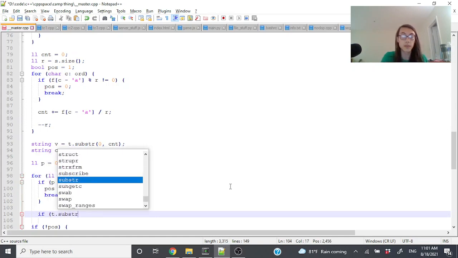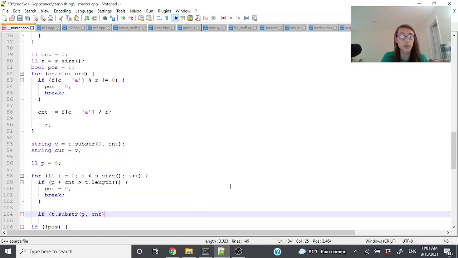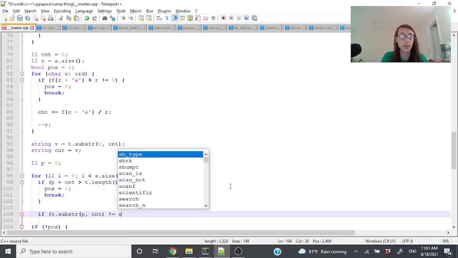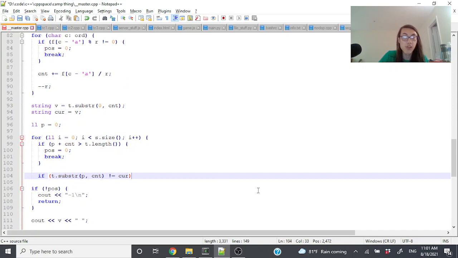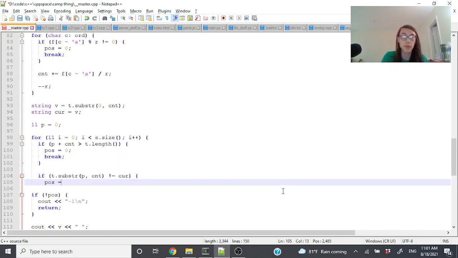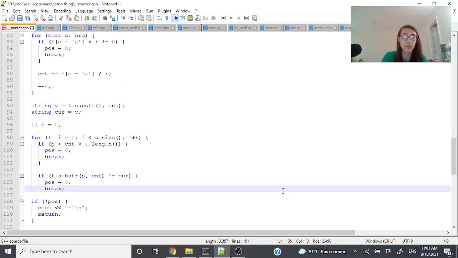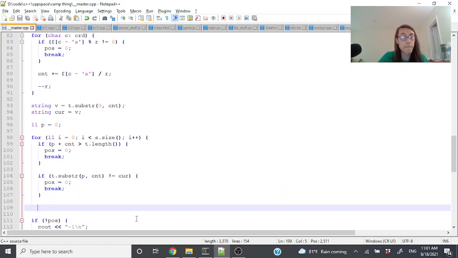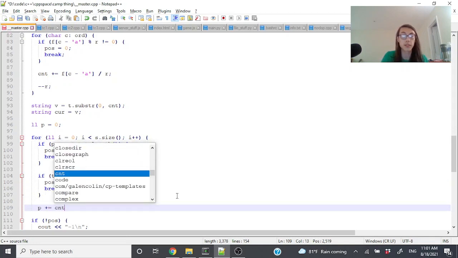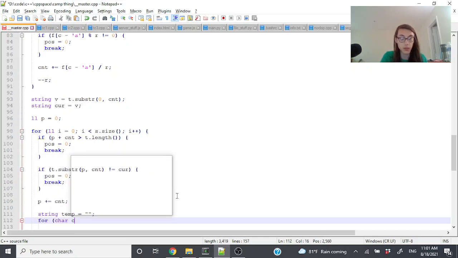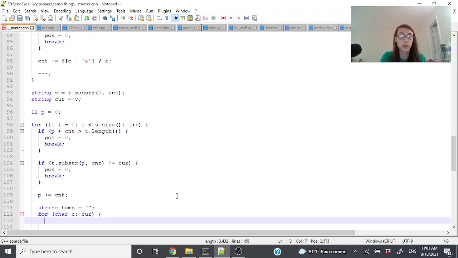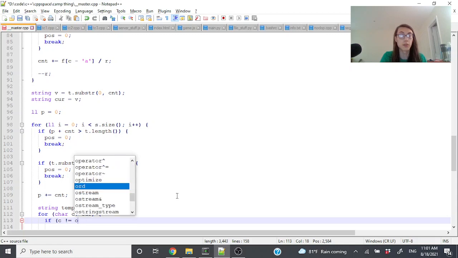If t.substr(p, count) is not equal to cur, pos equals 0, break. Otherwise, p plus equals count, char c cur, if c is not equal to ord.